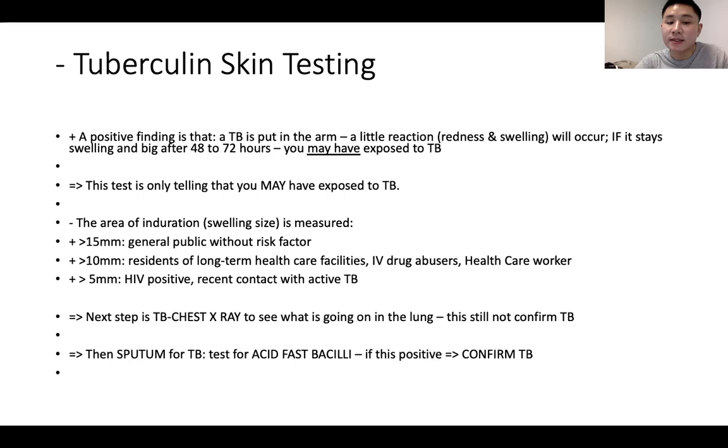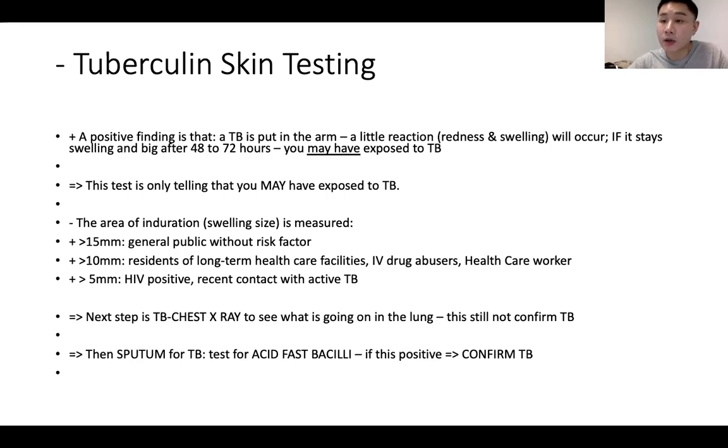So next step after the TB test is an X-ray to see what's going on in the lung. This is still not confirmatory for TB. So when we do a TB skin test, after 72 hours we come back, they take a look at the swelling. If the swelling indicates a positive finding, then they will send us to do a chest X-ray.